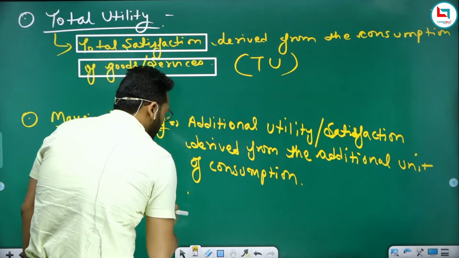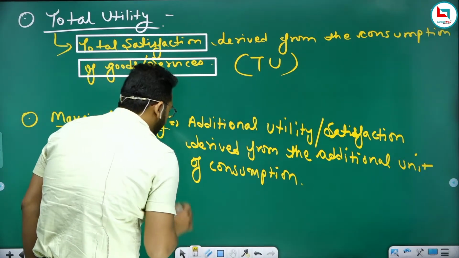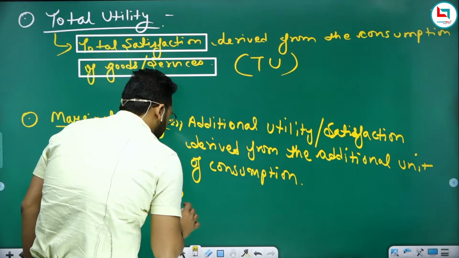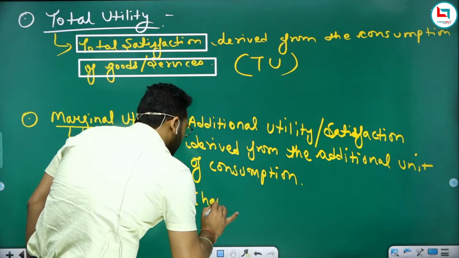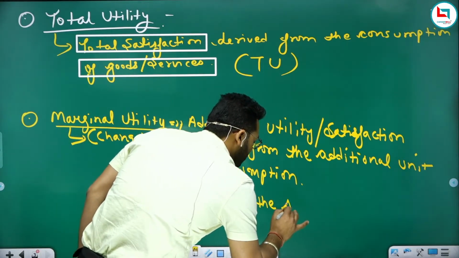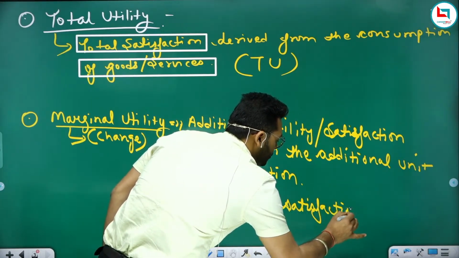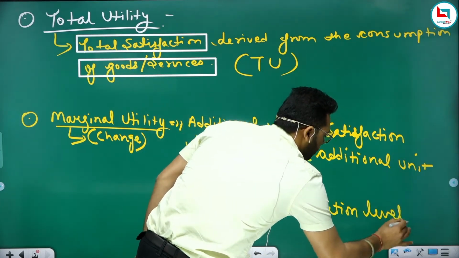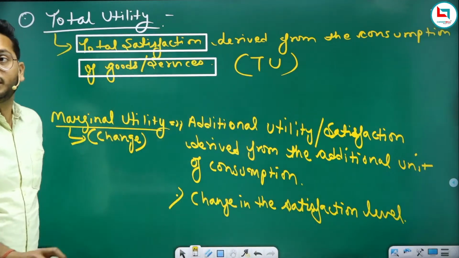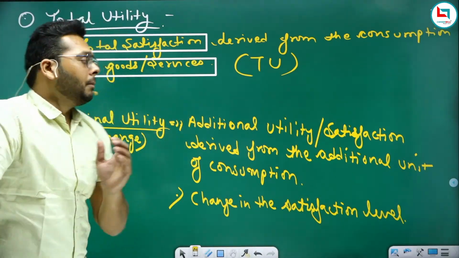Or you can also write: the change in the satisfaction level is known as marginal utility. Am I clear? The change in the satisfaction level is called marginal utility.